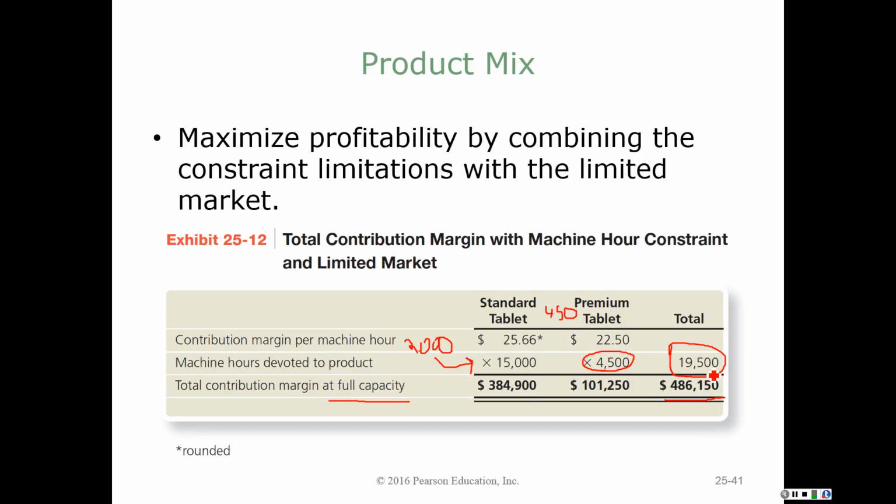So to maximize my 19,500 hours, this is the product mix that I would utilize.